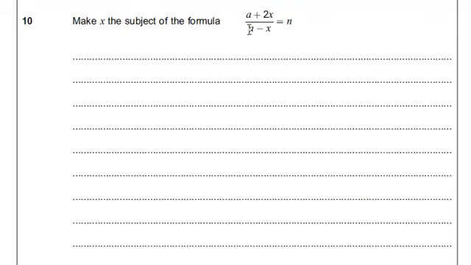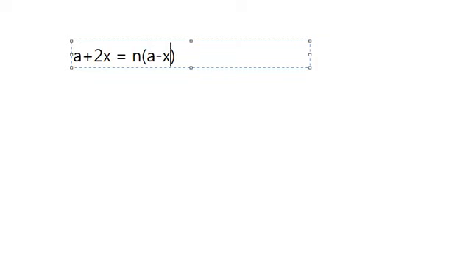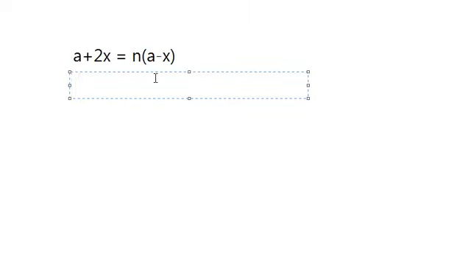So actually we can multiply both sides by a minus x, so that a plus 2x is equal to n times, we check, it's a minus x. So after that step, we'll expand the bracket so that it's a bit easier to deal with the like terms and things.